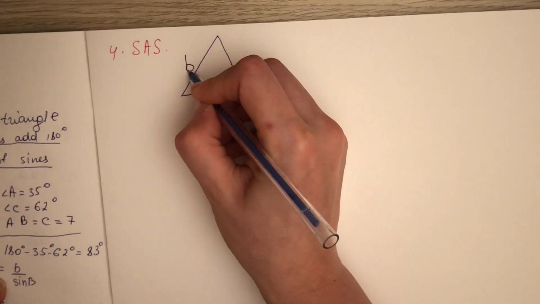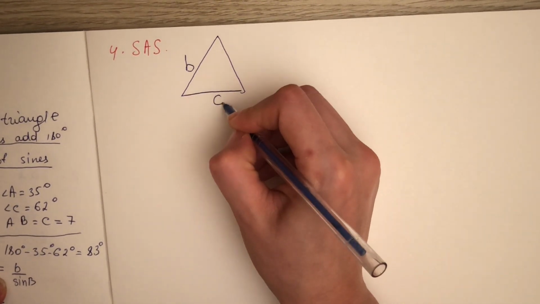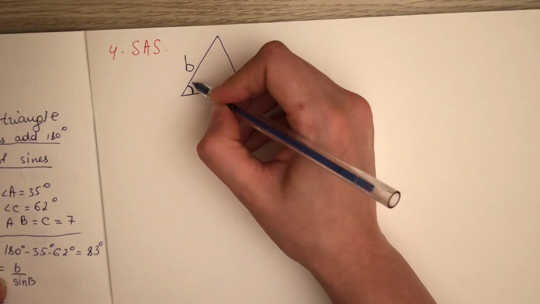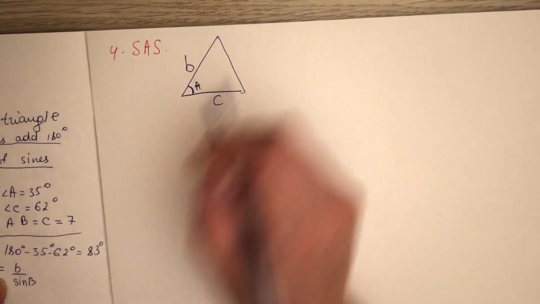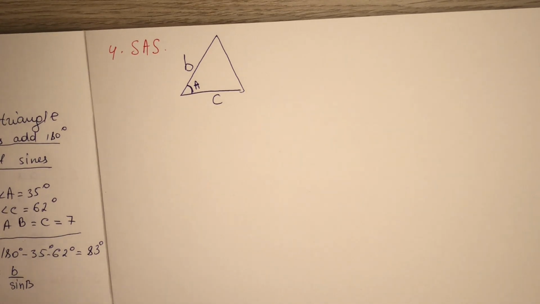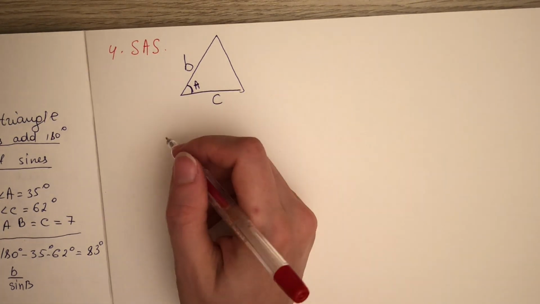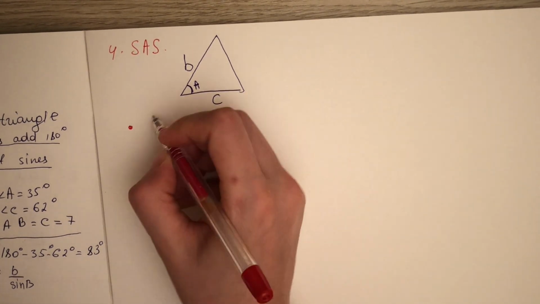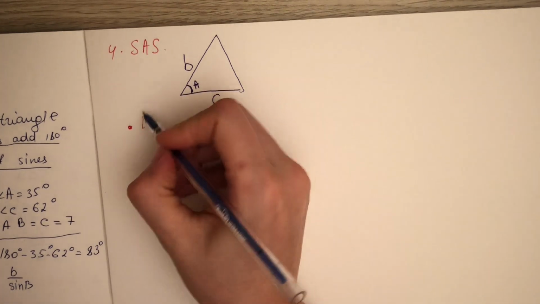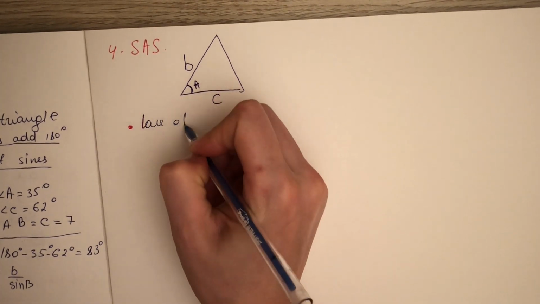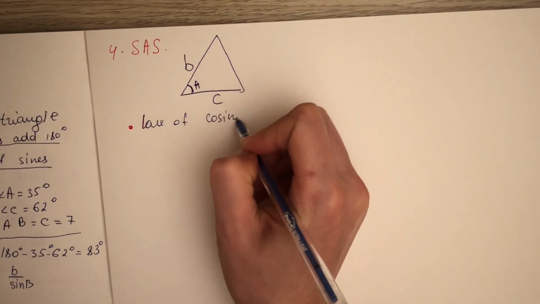We are given side B, side C, and the included angle A. Okay? Let's continue. Let's solve these triangles. Firstly, we should use the law of cosines.